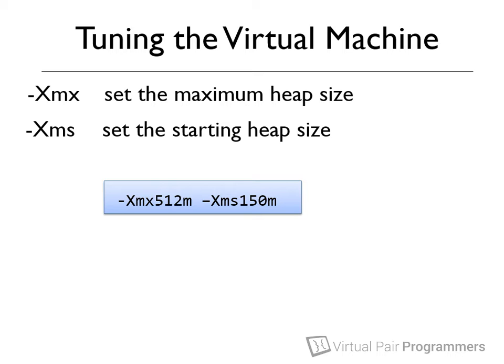So setting the starting heap size to the minimum that your application will normally need might be a good idea in performance critical circumstances. If you're running a server application where there won't be any other applications competing with yours for the memory of the machine, then you might choose to set the maximum and starting heap sizes to be the same.